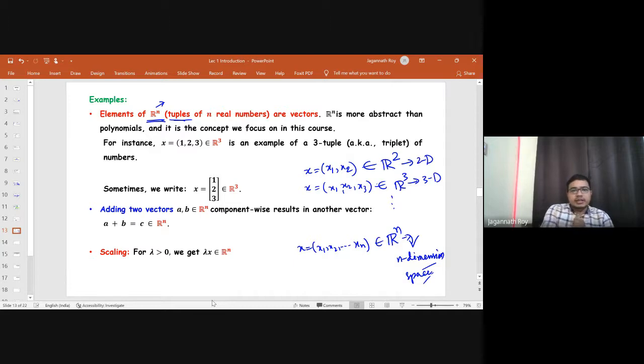Now a vector in R3 will look like this. Either you can write it as a row or you can write it as a column. Now if you have another vector, for example, 2, 3, 4, we call it y. So this is also a member of R3.